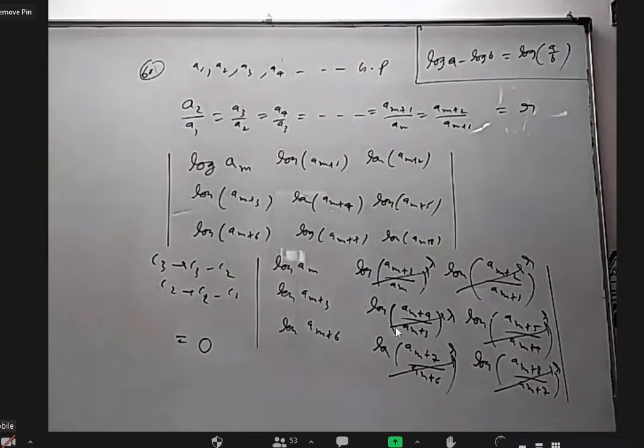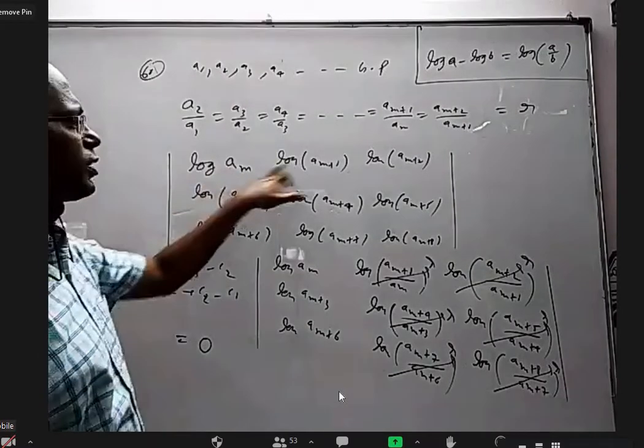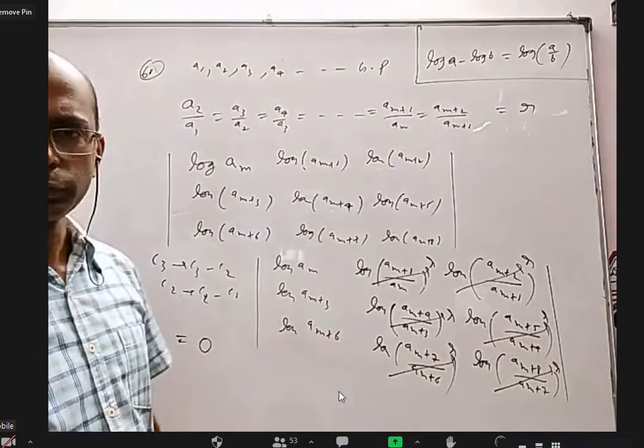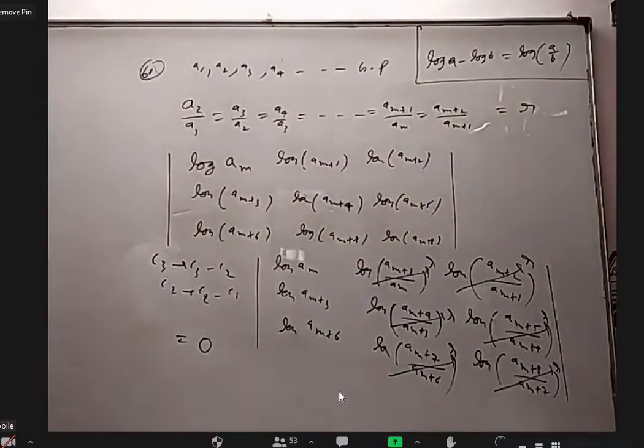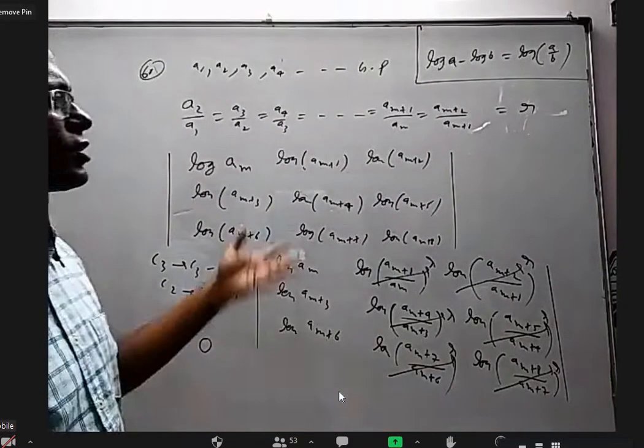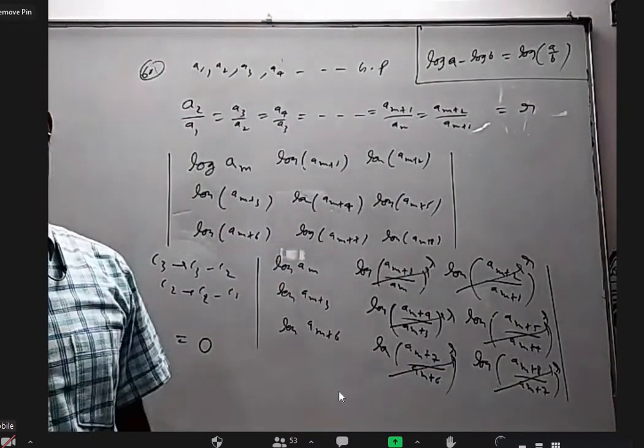Sir, instead of M, can we substitute 1, 2, 3, 4 like that? Ultimately, it is the same. You want to take this as A1, this is A2, this is A3, right? Yes, sir. The solution is the same only.